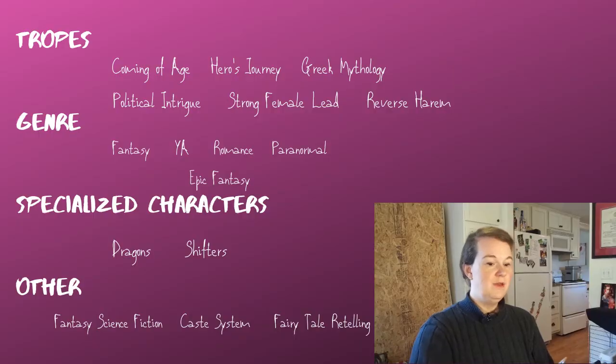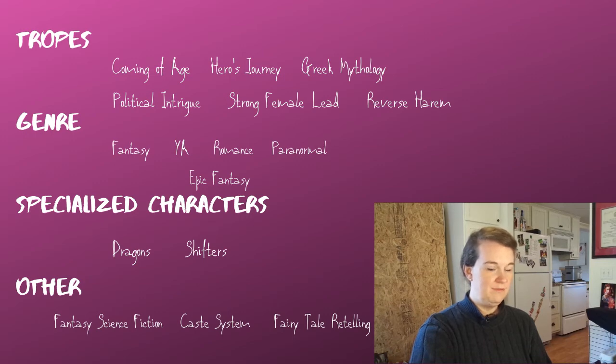So if you're writing a kid's book about why they should clean up their messy room, then, by all means, do that, because parents might be searching for that. But if you're writing a novel, particularly for a YA or an adult audience, avoid that sort of thing. No one's going to search for that. Also, you'll notice that things like the caste system, that didn't make it into my keywords.